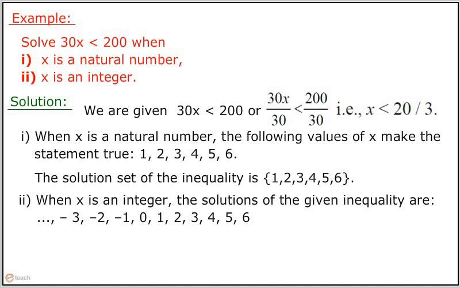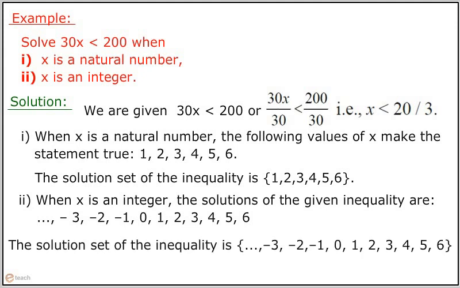This represents that all numbers less than -3 will also be in this series. But since integers are infinite, we cannot write them all. Thus, the solution set of the inequality is, since minus infinity cannot be written, we are writing it as ..., -3, -2, -1, 0, 1, 2, 3, 4, 5, 6.